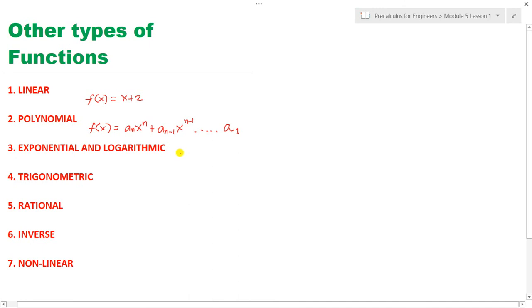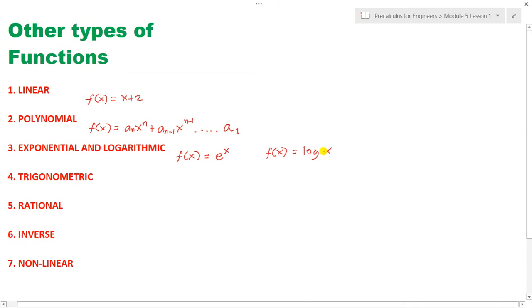For exponential, this is of the form f of x is equal to e raised to x. So we have here the Euler number raised to a certain function of x. And for logarithmic, you have f of x is equal to log of x.